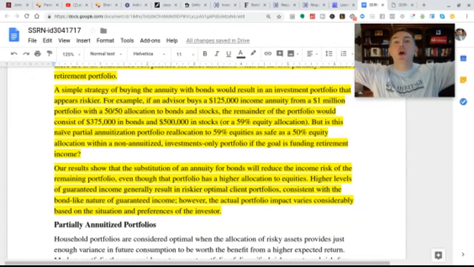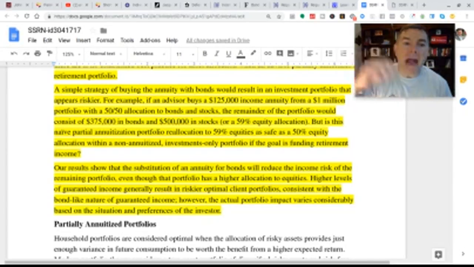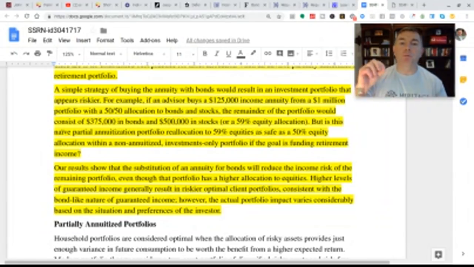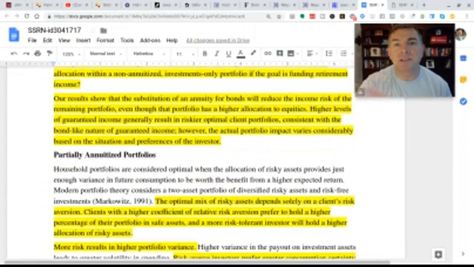Huge. Higher levels of guaranteed income generally result in riskier optimal client portfolios, consistent with the bond-like nature of guaranteed income. That's what the annuity provides. However, the actual portfolio impact varies considerably by the person.